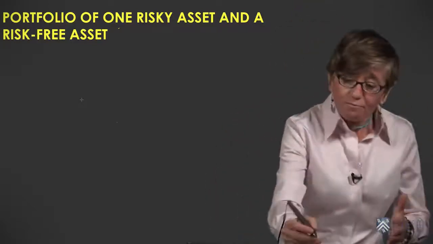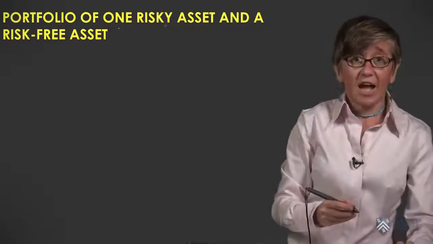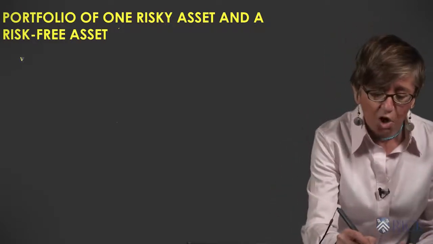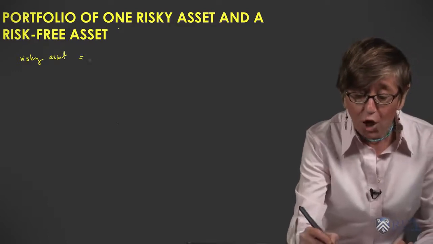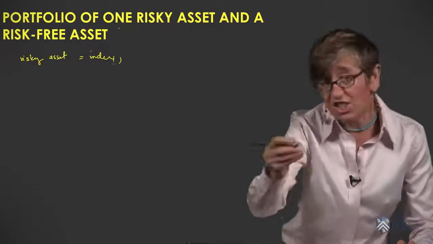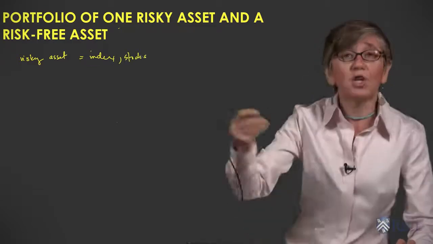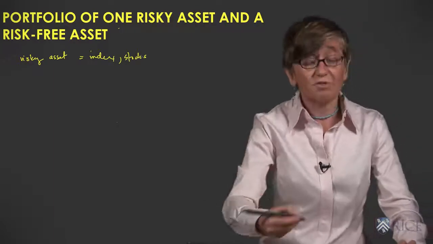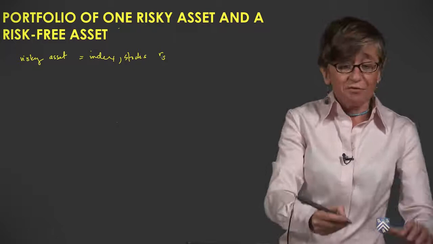Right? So I'm going to look at the case of one risky asset and a risk-free asset. So the risky asset could be a portfolio of stocks. It could be an index. Right? So let's just assume that we know what it looks like. And let me denote the return on this risky asset by RS. Okay? And we also have a risk-free asset.